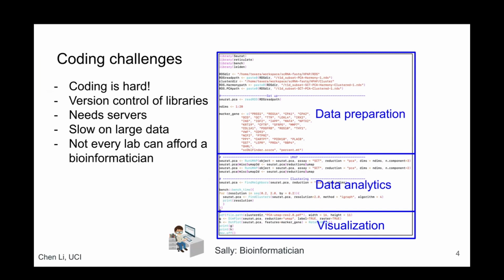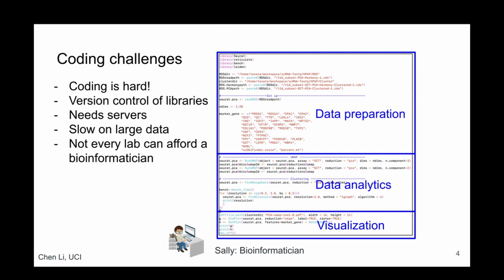The second one is that very often this kind of code relies on libraries in different languages, in R, in Python, and these libraries keep changing. They have different versions. So it is very critical to make sure your program is using the right versions of the right libraries, but keeping track of the right versions of the libraries itself can be time consuming.